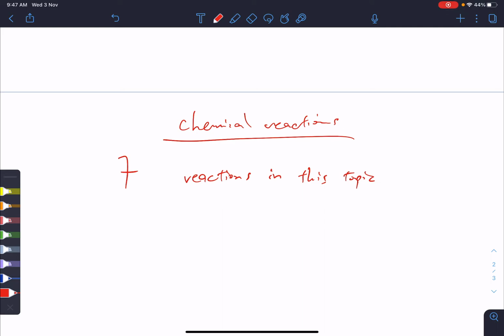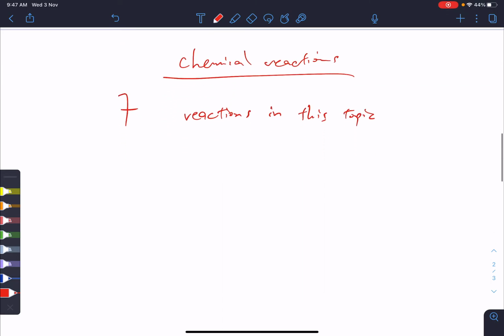But honestly, don't need to worry because almost all of these reactions are based on this idea of displacement. My comfort for you is as long as you know the idea of displacement and you know your reactivity series, the 7 reactions would not be scary.